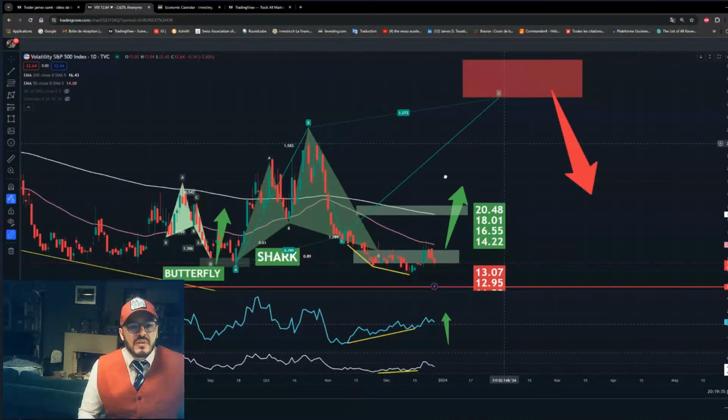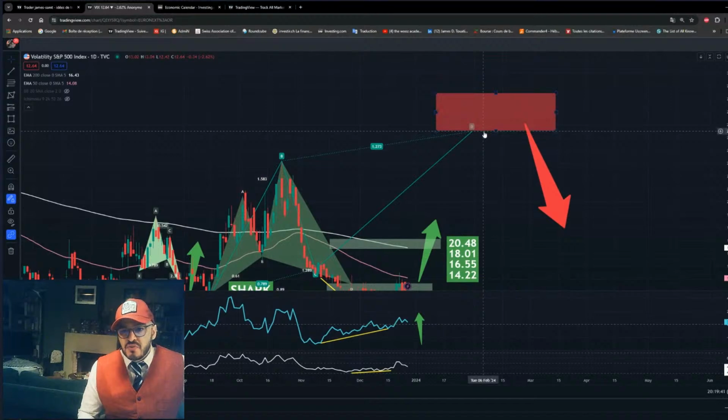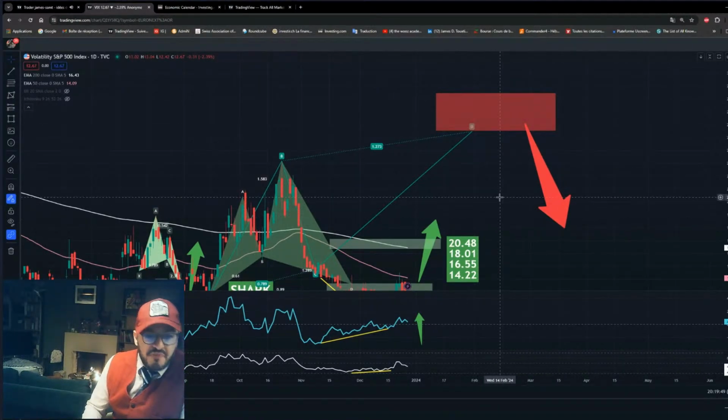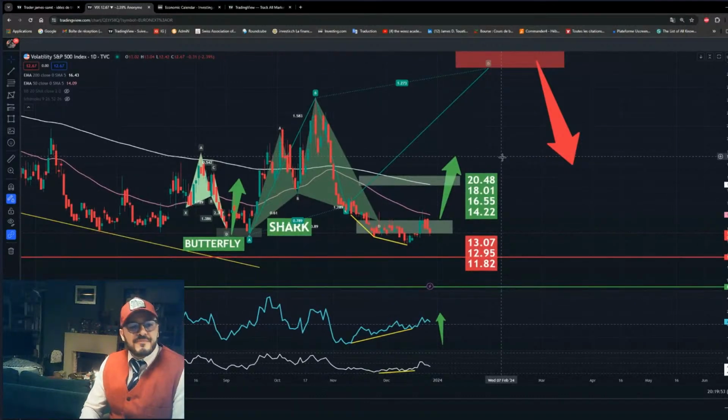Here I also detected an ABC pattern. Then we can reach this level also, 25.50. It's not a big deal. And then the maximum can be 28.40, for example. It's possible. Be careful because we have important news from the Fed at the beginning of the year.